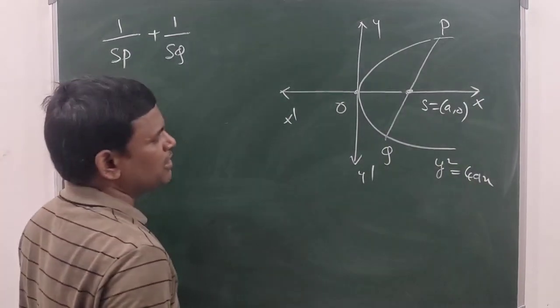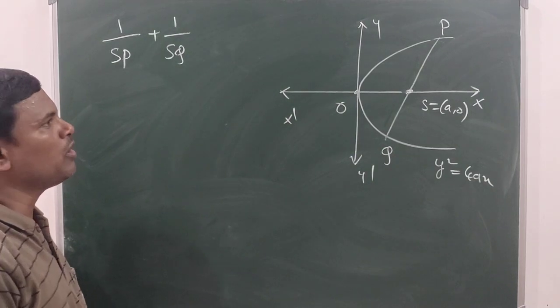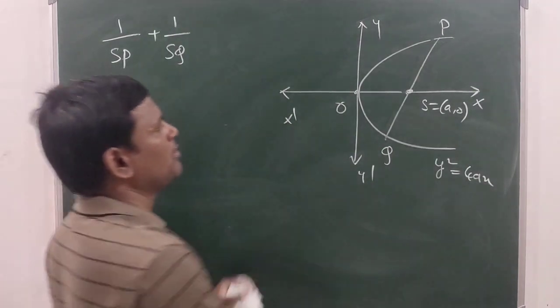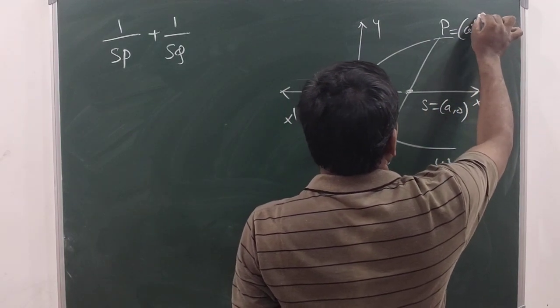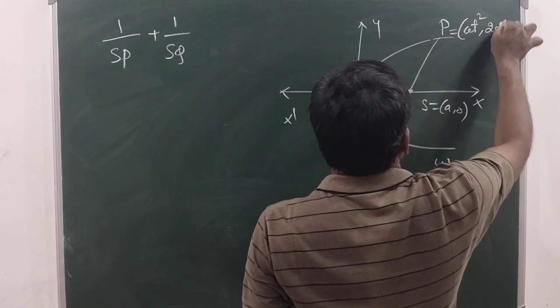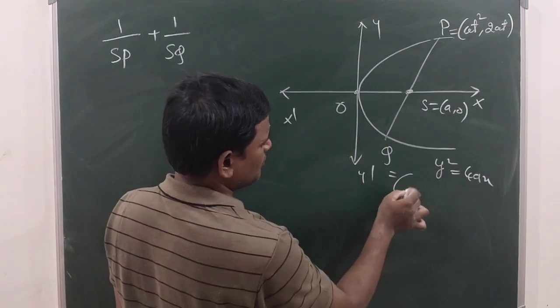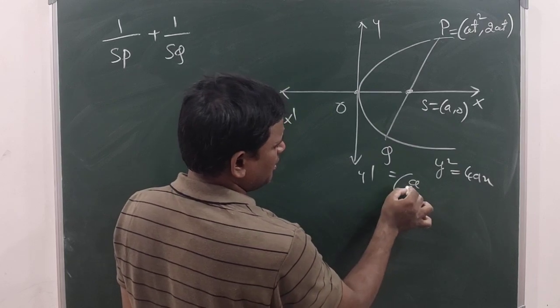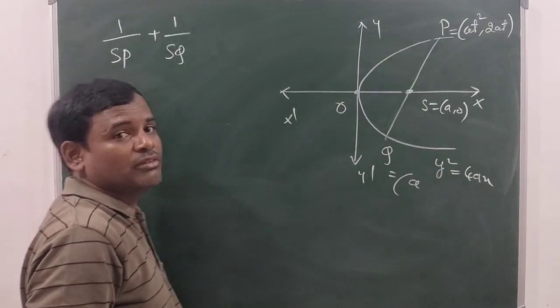For this, I would like to consider P and Q coordinates in the parametric form. So P coordinates, shall I take a t square comma 2at, and Q coordinates will be, tell me students, how do I take? Your wish.